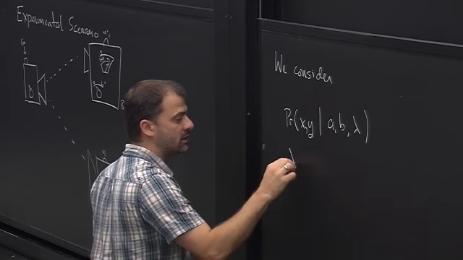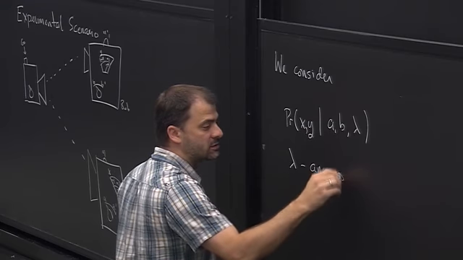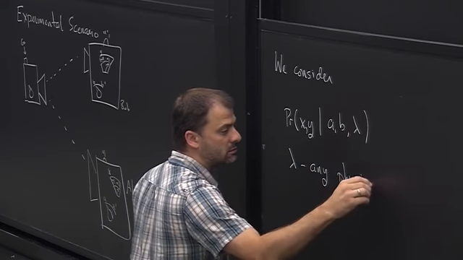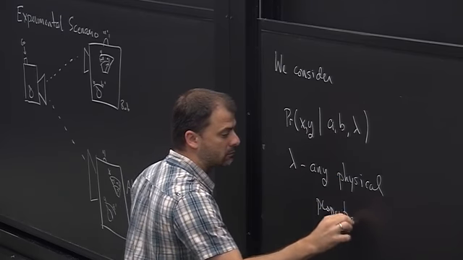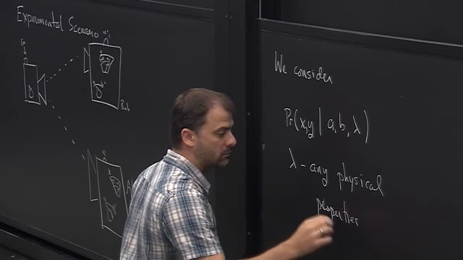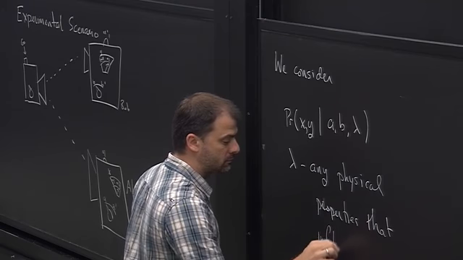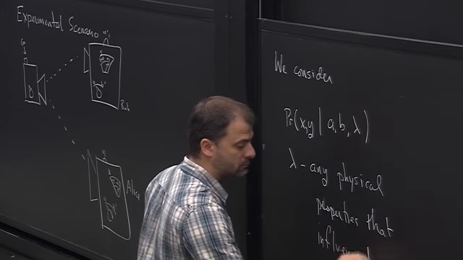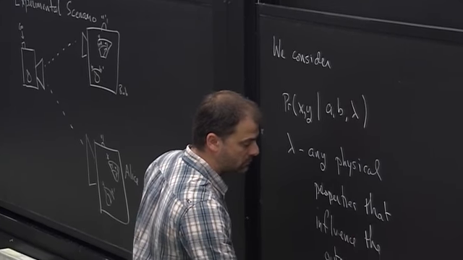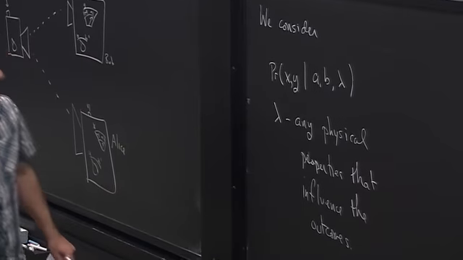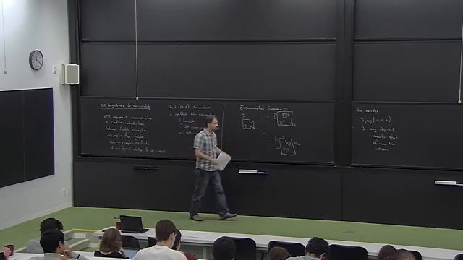Here, lambda corresponds to any physical properties that influence the outcome. We typically think of lambda as being some hidden parameters associated with the source.